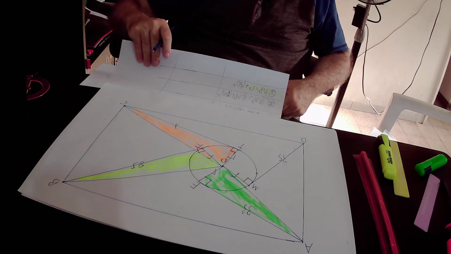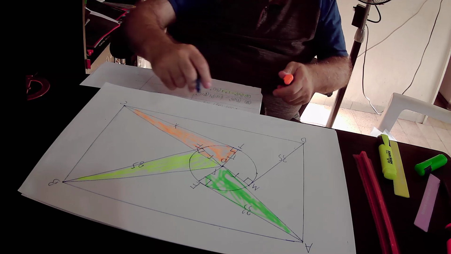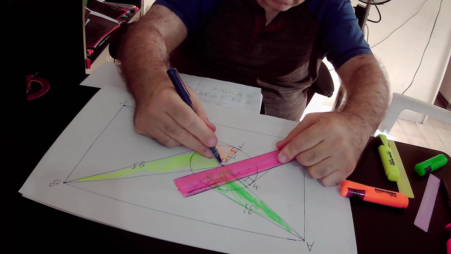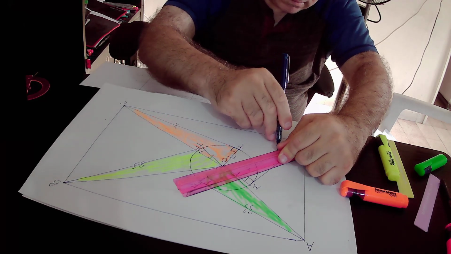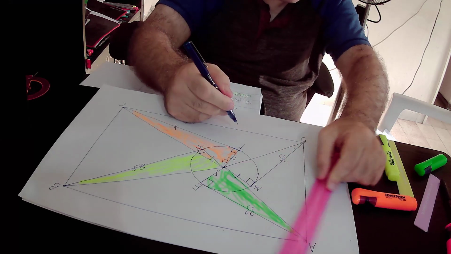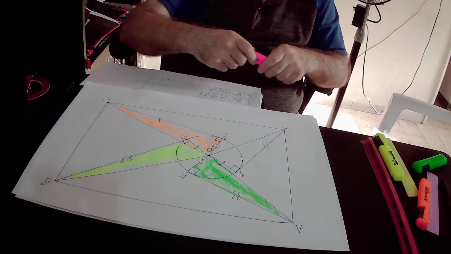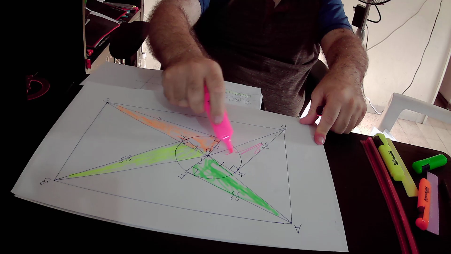And finally, we join points O and D together by a straight line. And we implement the Pythagoras theorem on the right pink triangle MOD.